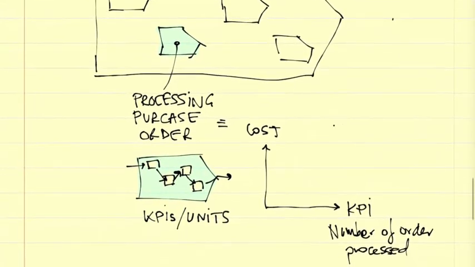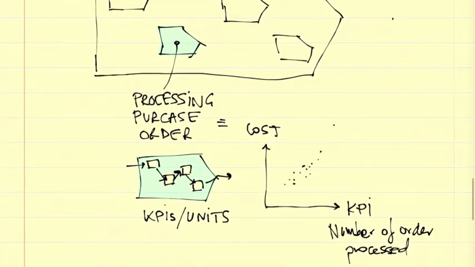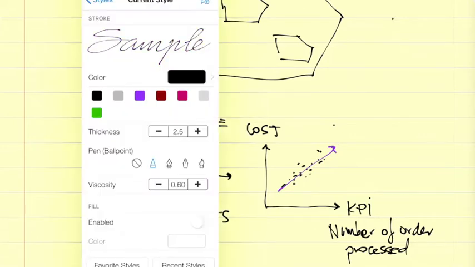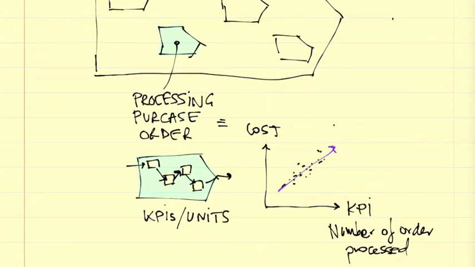And if this correlation is very high, then we can say that this KPI, this unit, is describing the cost. So if we measure the KPI of number of orders processed, we are measuring indirectly the cost.